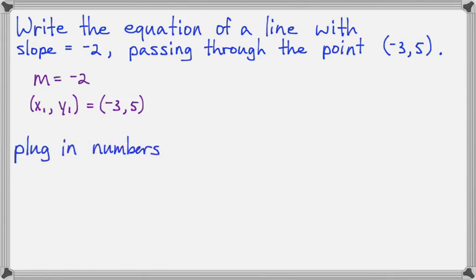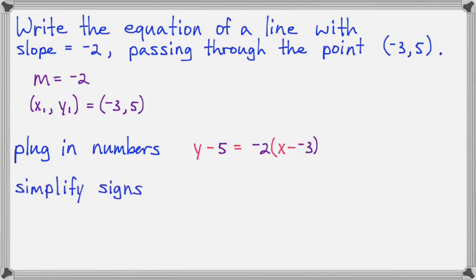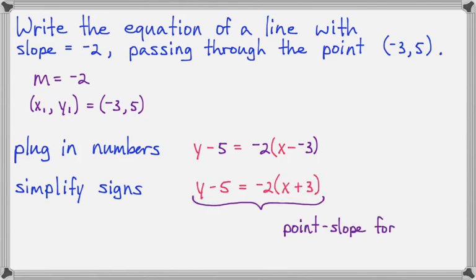Now, plug that into the point-slope formula. y minus y1 equals m times x minus x1. And now we're going to simplify the signs. So minus -3 is going to become +3, and that's all I'm going to do.